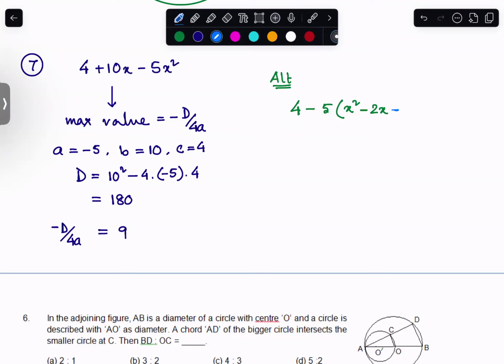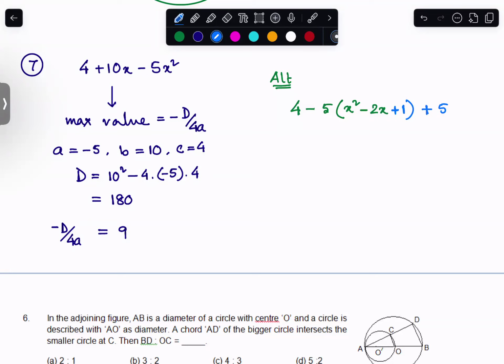For perfect square transformation, you need a plus 1 here and as balancing part of 5 into 1, we have introduced minus 5 into 1. So balancing part plus 5 has to be kept.